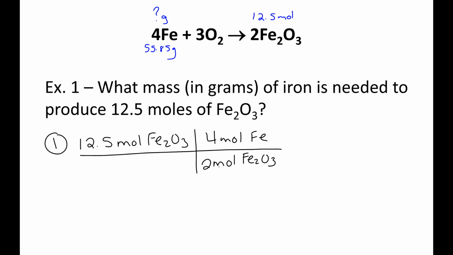My moles of Fe2O3 cancel, and I'm left with moles of Fe. So when you do this, it's going to be 12.5 times 4 divided by 2, which equals 25 moles of Fe. Now there's no rounding involved. 12.5 times 2 is 25, so at least this one doesn't come out as a decimal, so you don't have to worry about rounding.